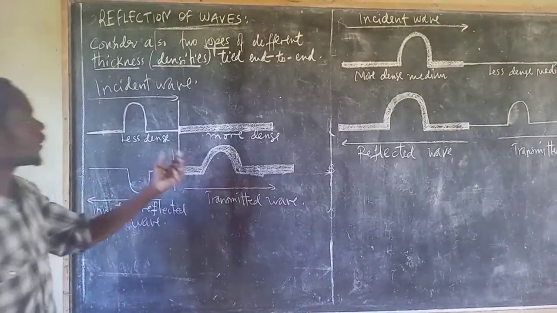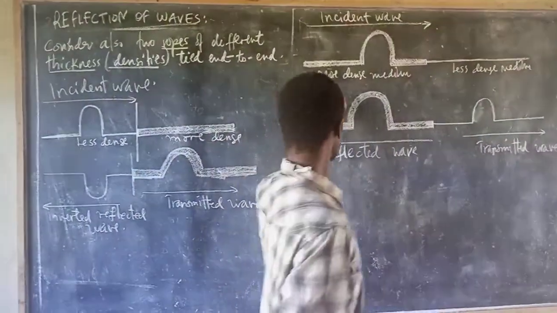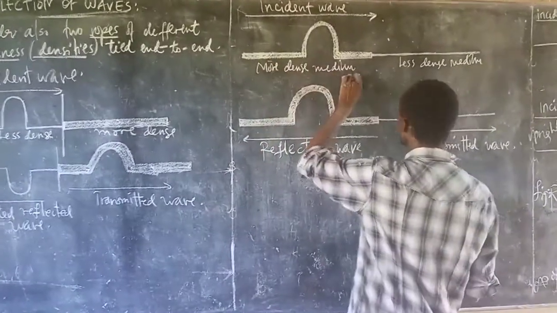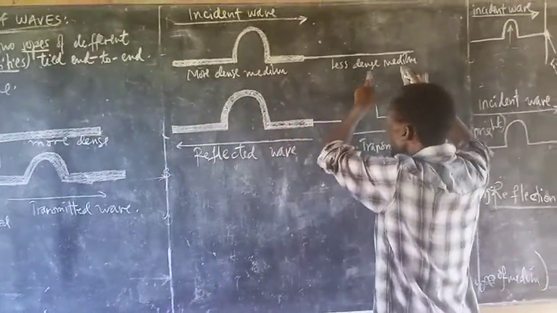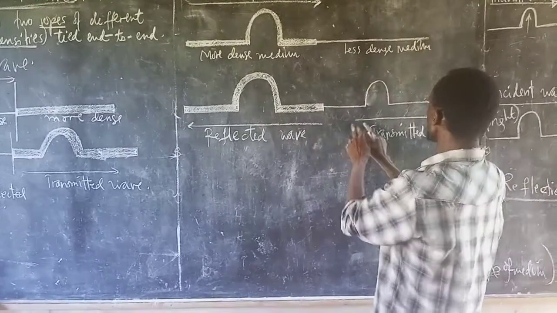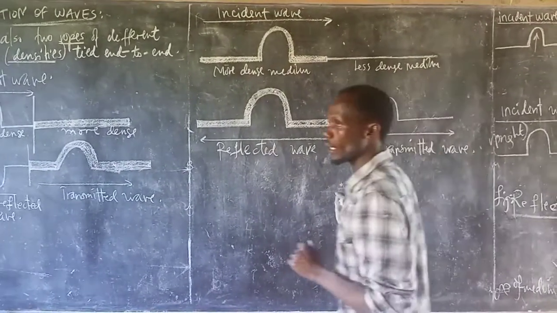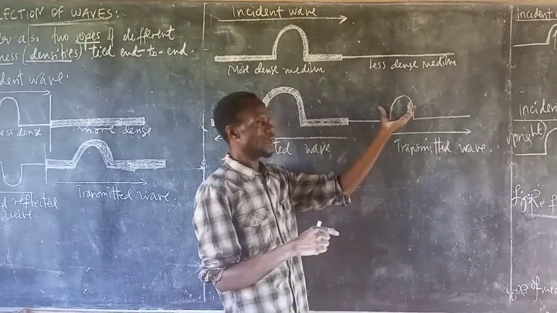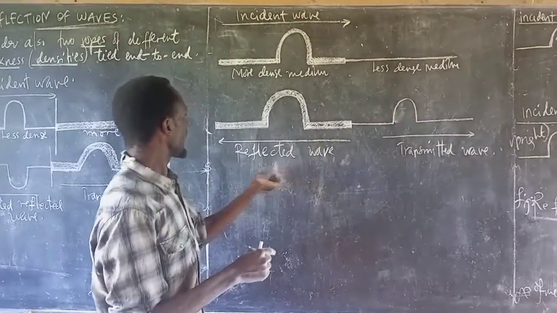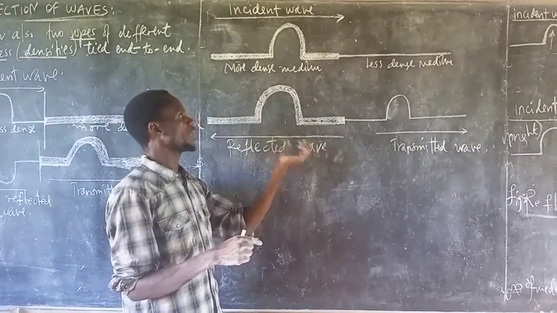But if the wave is propagated from the more dense medium to the less dense medium, the transmitted wave will be upright, and also the reflected wave will be upright.